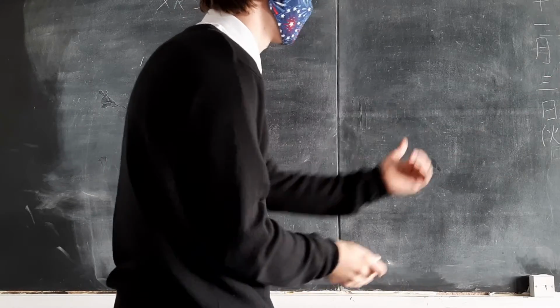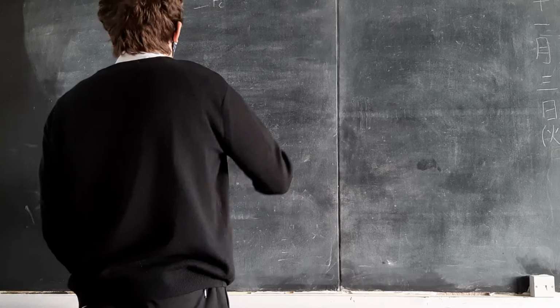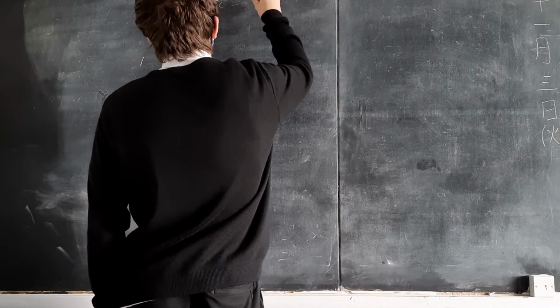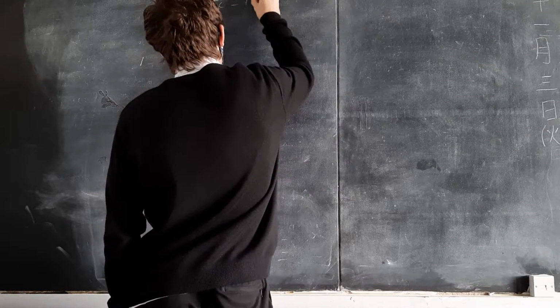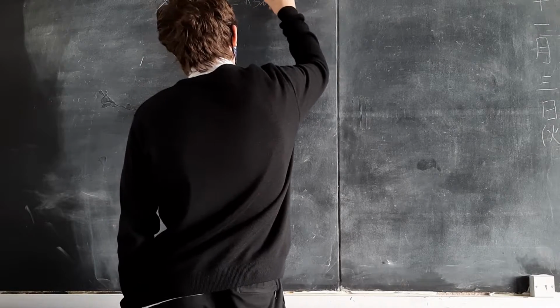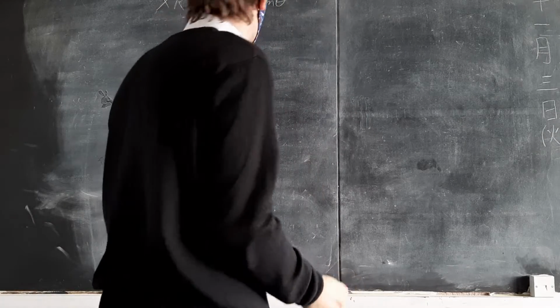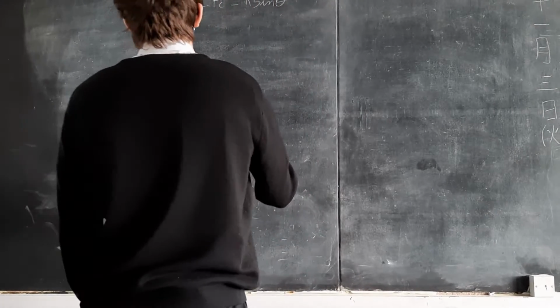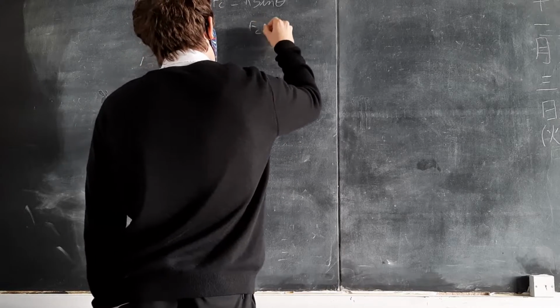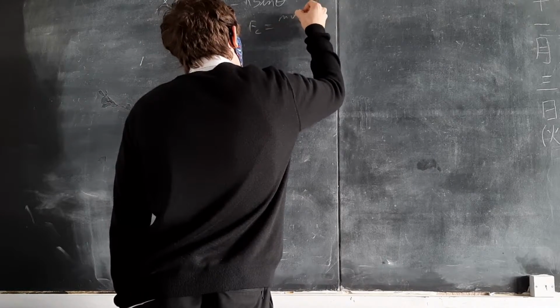Centripetal motion is going that way, that's going that way, so they're equal, which is all equal to R sine theta, and Fc is mv squared over R.